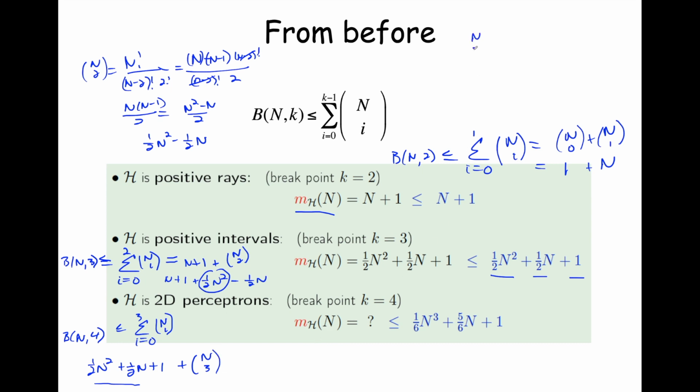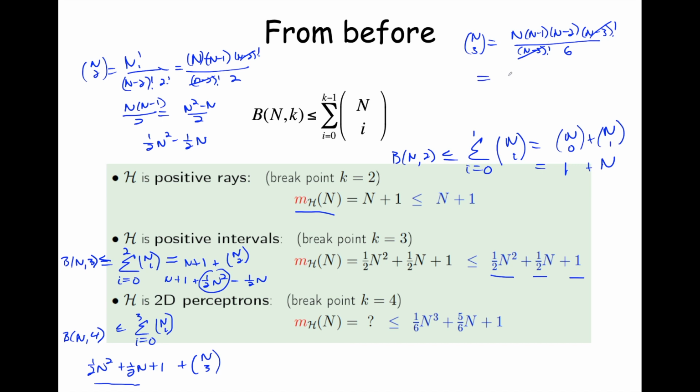N choose 3 is nothing more than n times n minus 1 times n minus 2 times n minus 3 factorial over n minus 3 factorial, and then 3 times 2 times 1, 3 factorial is 6. And so the n minus 3 factorials cancel. We're left with n times n minus 1 times n minus 2 over 6.